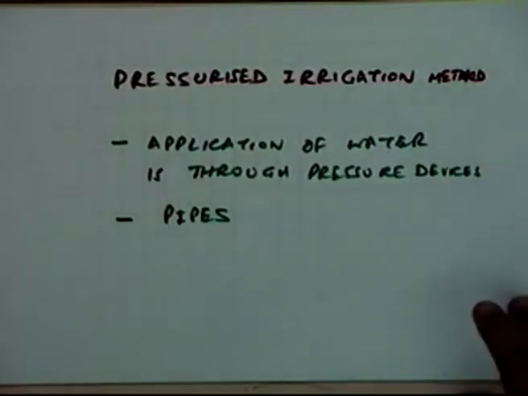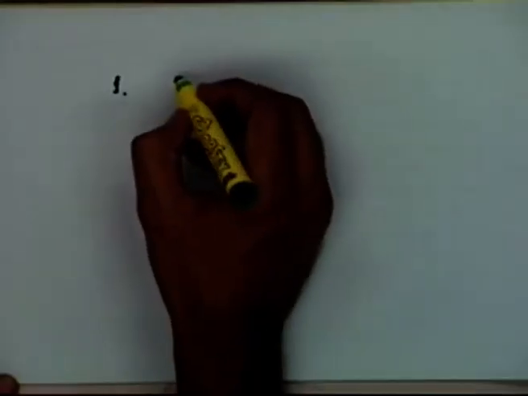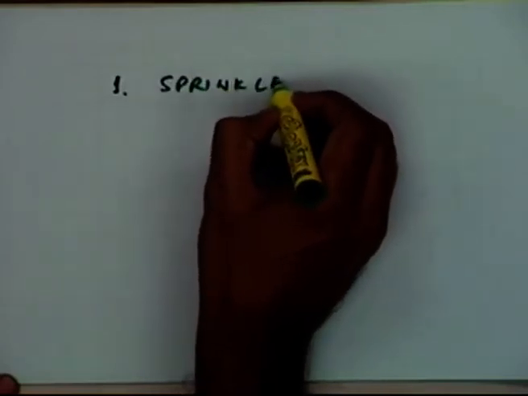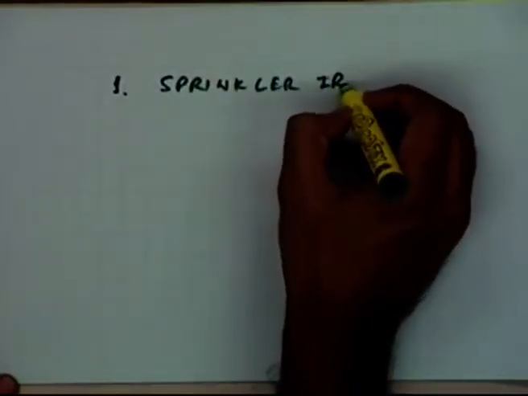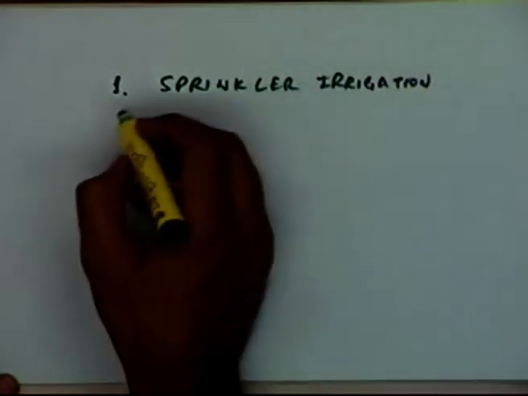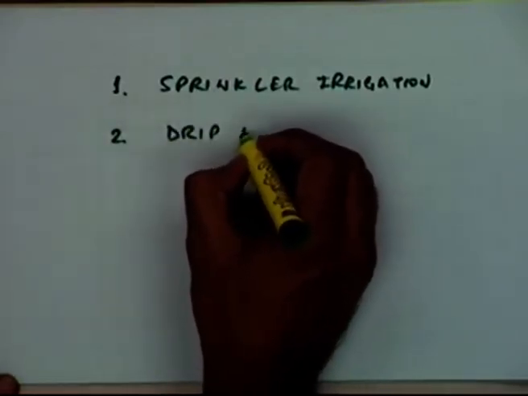There are many classes of such systems, but the two which have become highly popular, and we'll discuss those, are, first, the sprinkler irrigation system, and the other one is drip irrigation.